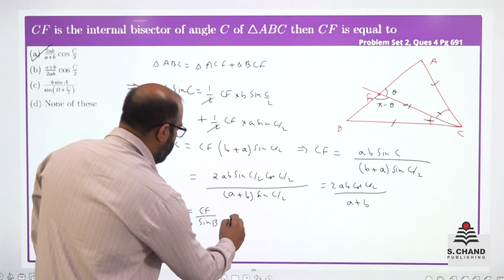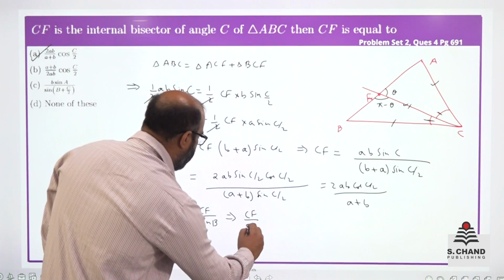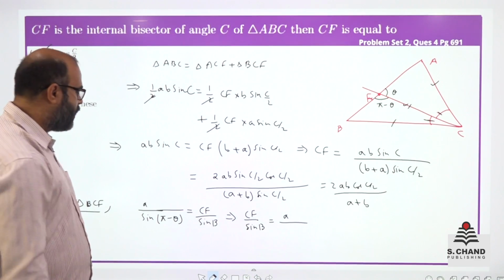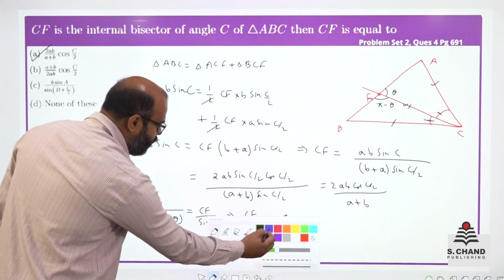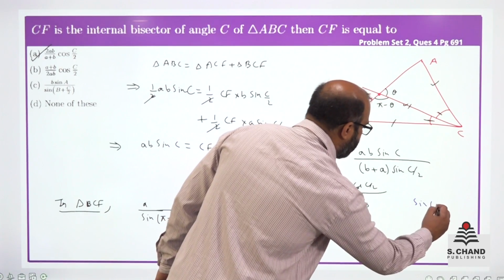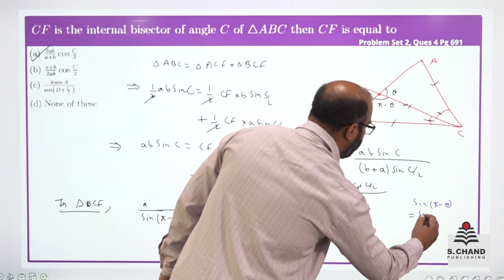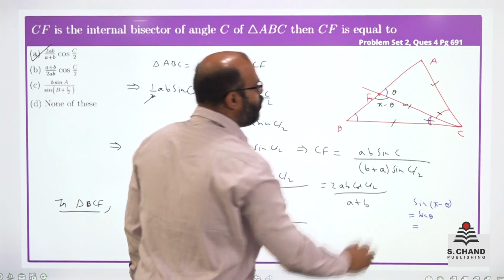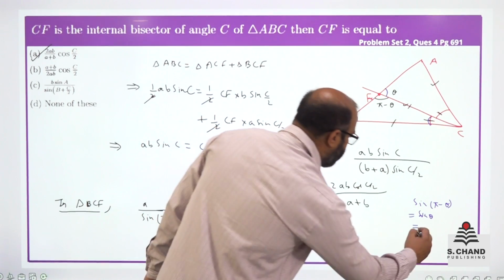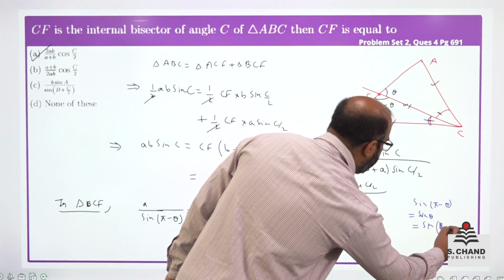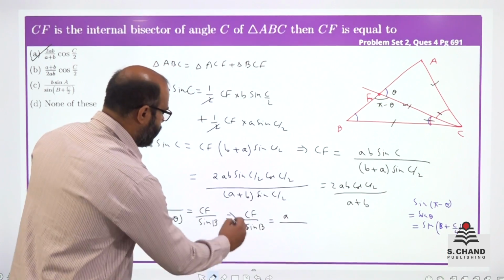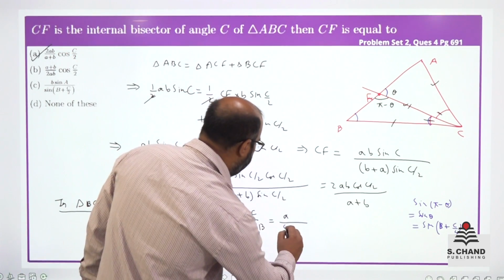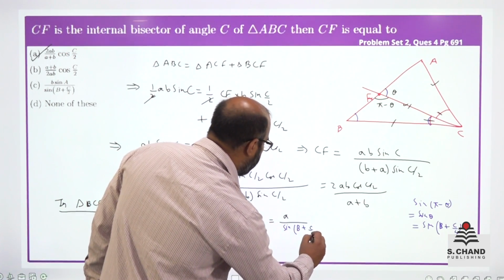And this implies CF by sine B is equal to A upon sine pi minus theta, which is sine theta by the allied angle formula. So sine pi minus theta is equal to sine theta. And this theta, where theta is this angle, is actually B plus C by 2 by the exterior angle property. So sine pi minus theta, which changes into sine theta, can be written as sine of B plus C by 2.